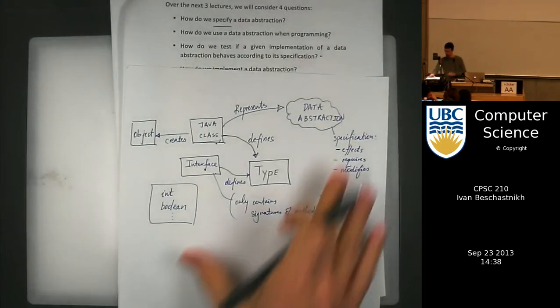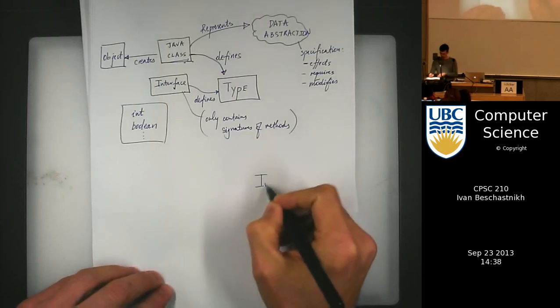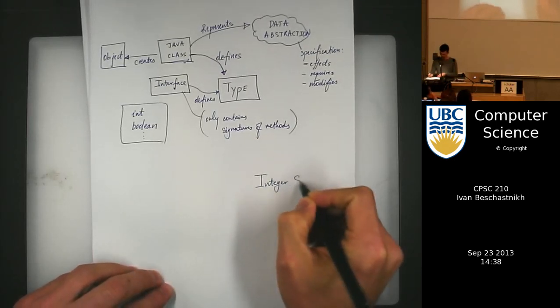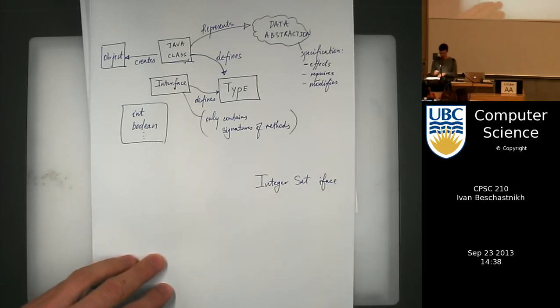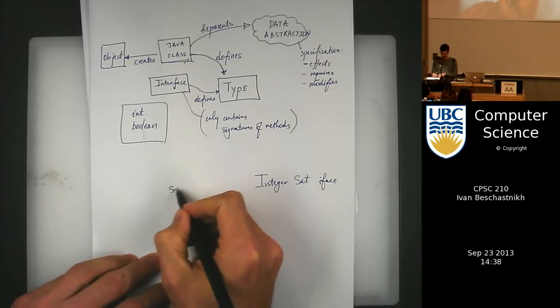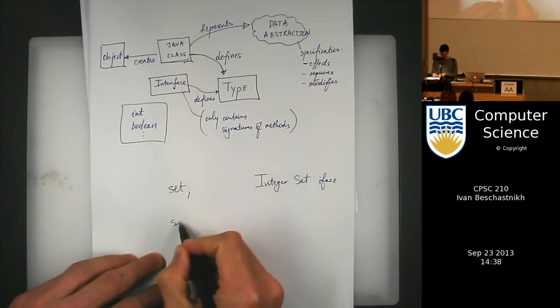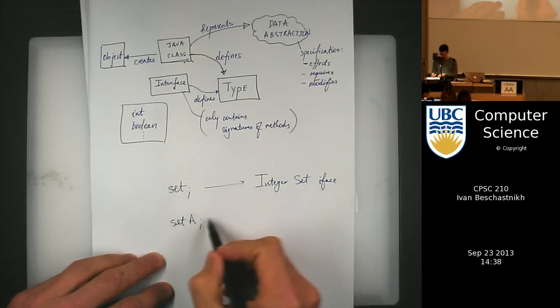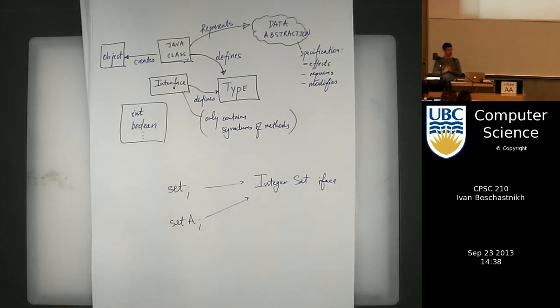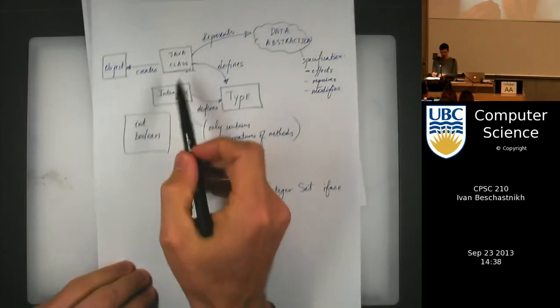Here's the reason. I have this interface, which is integer set. I have set and I have set A, and they're both of this type. They're both integer set. When I create objects, I'm creating them from classes.